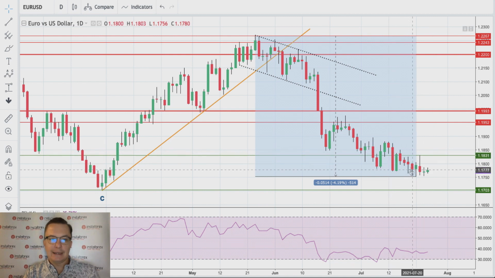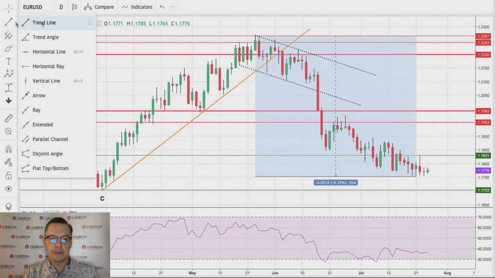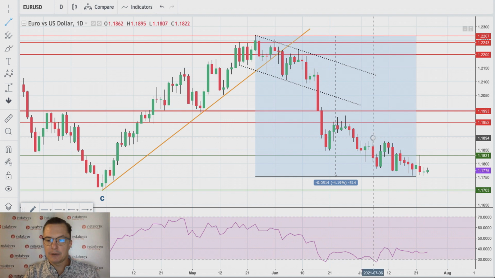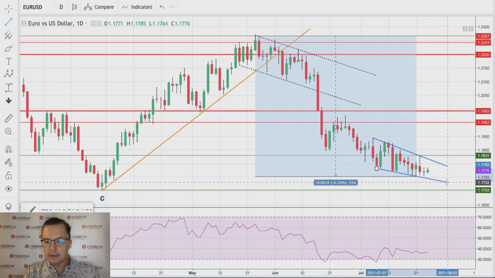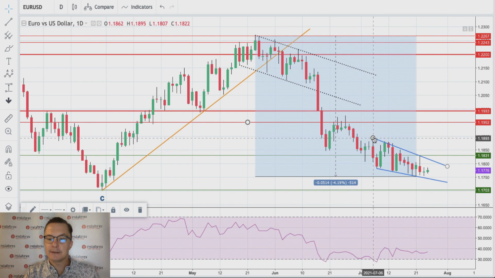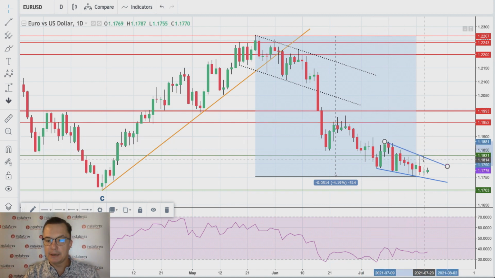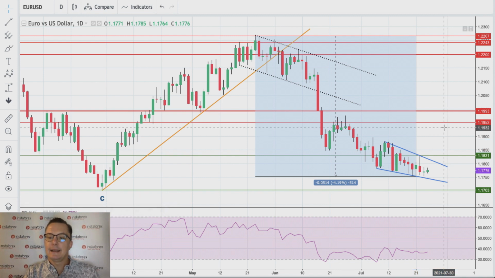The volatility is right now subdued. It's not that big anymore, and we can see here some sort of, maybe an ending diagonal or something like this. It looks even better here, somewhere here, right? But it's not certain yet.